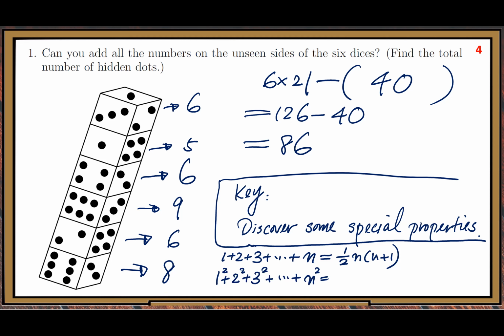To find this formula is much more complicated, but the answer is 1/6 times n plus 1, and the last factor is 2n plus 1. So this is the formula.